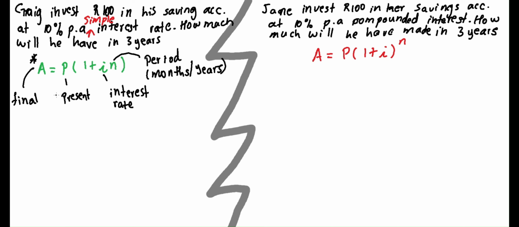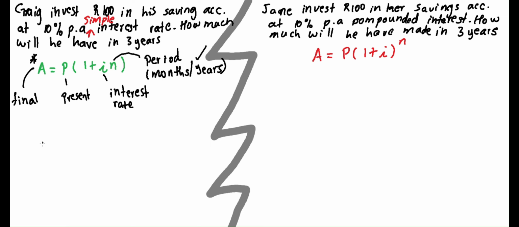Some prefer to call it the principal amount, meaning the money that is invested right now, the money that they have right now. And then I is our interest rate and N is our period. From grade 11 to 12 you will be dealing with months, but for grade 10 you are only going to be dealing with years.